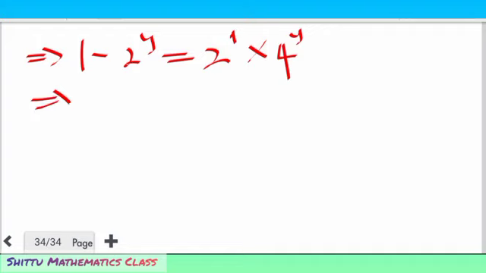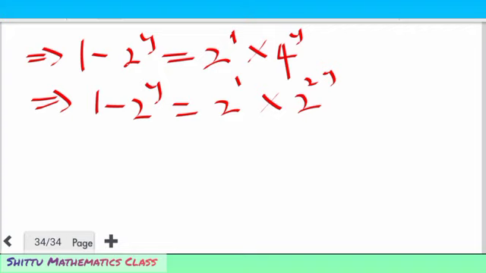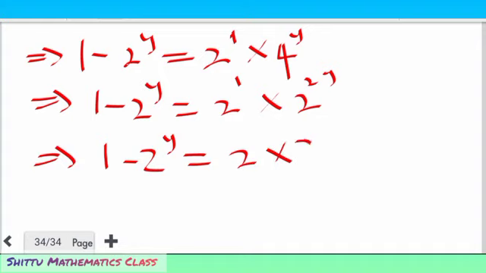This 4 can also be expressed as 2 squared, so we have 1 minus 2 to power y equals 2 times 2 to power y squared.